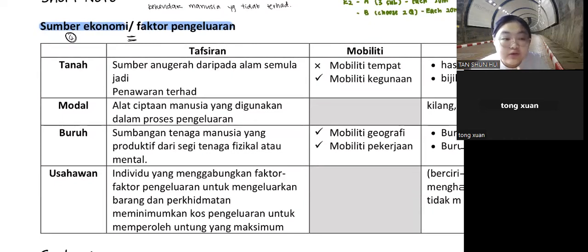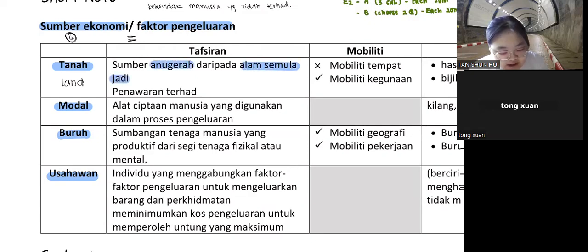Okay, ya. The first one, tanah, land, modal, capitals, buruh, labor, usahawan, entrepreneurs. Okay, can ya? Yes, we said this is land, right? But be aware, it's not only land. They are talking about anything and everything that comes from alam semula jadi.